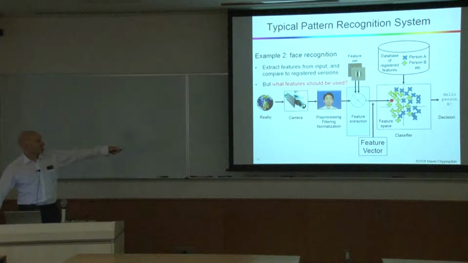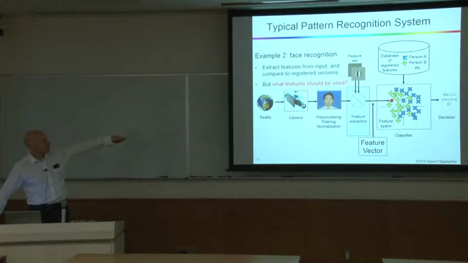So here we've got some feature vector, which was y in that last slide. And what we want to know is where that feature vector lands relative to features extracted from other faces in this database of people that we've registered up here.